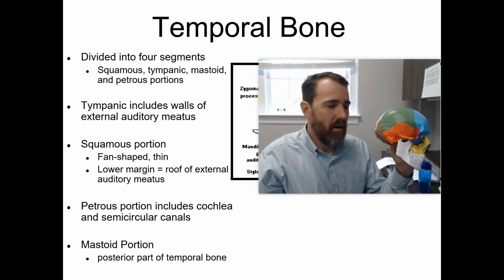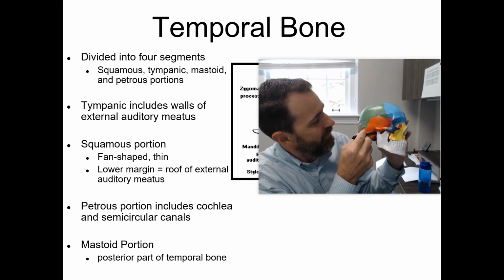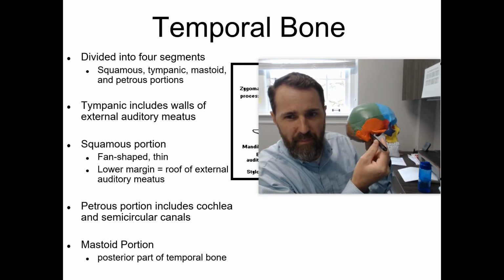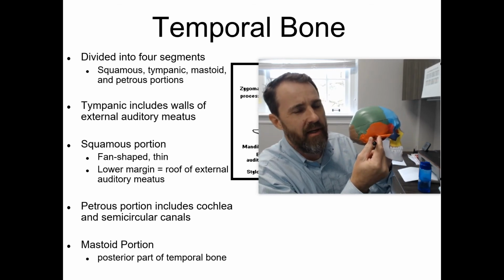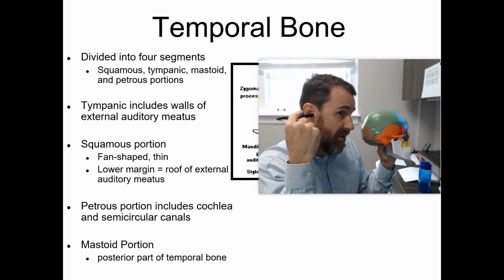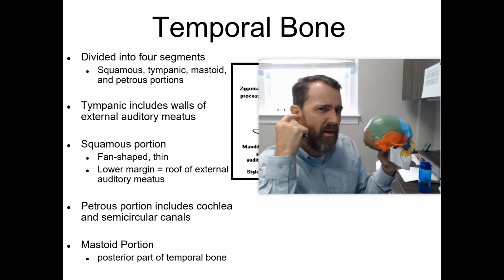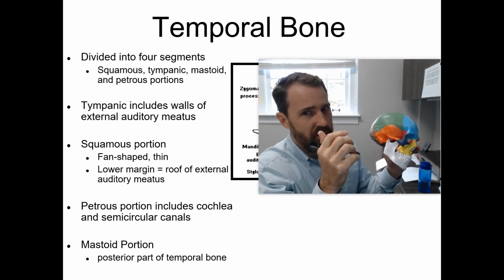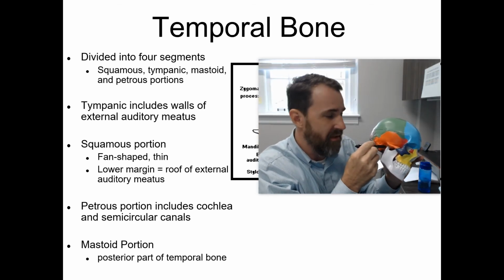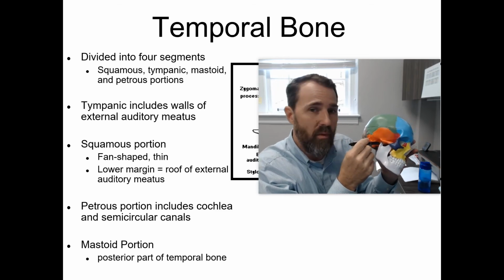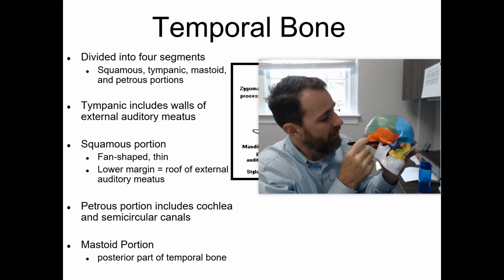The temporal bone also has, you can't really tell in this one, but if I put my pen right here, that's his ear canal. So if I were to really drive my pen in through my eardrum, I would be pushing it into this hole, which is the ear canal.